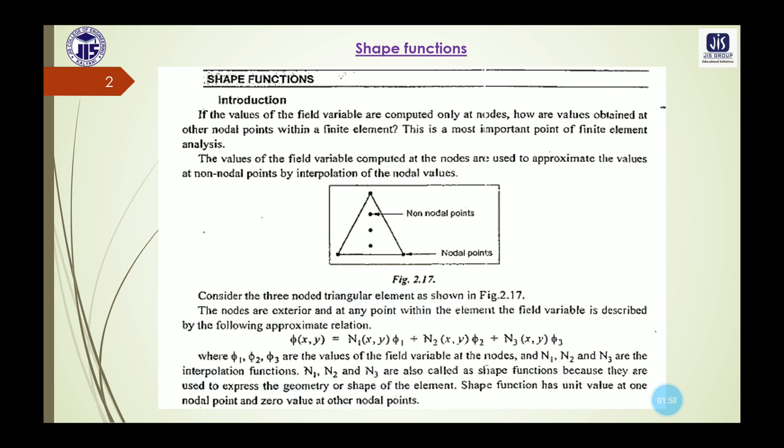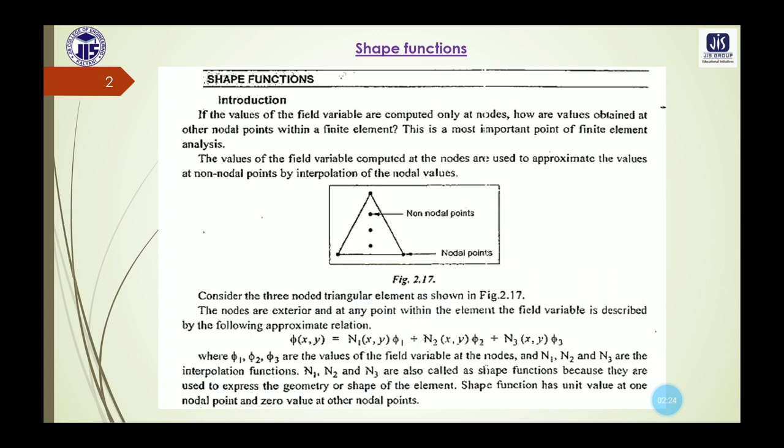This is one of the most important points in the finite element analysis concept. Here the interpolation concept comes into the picture. The values of the field variable computed at the nodes are used to approximate the values at non-nodal points by interpolation of the nodal values.